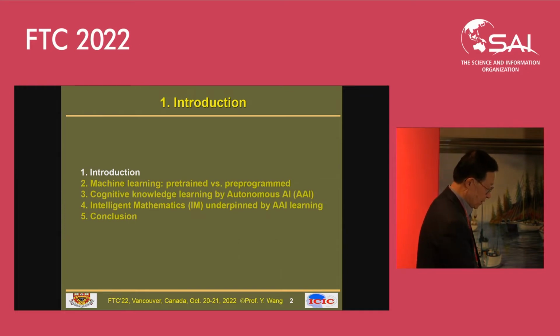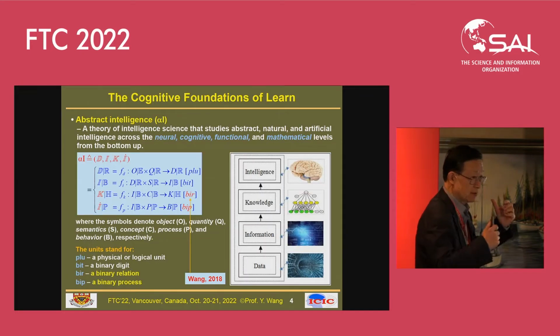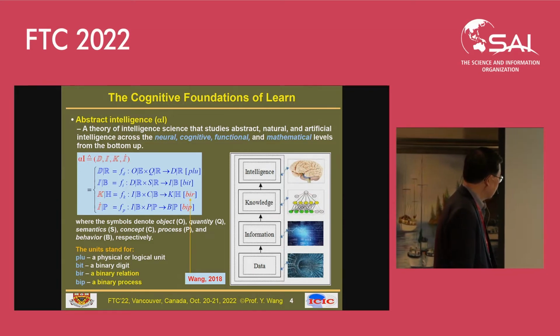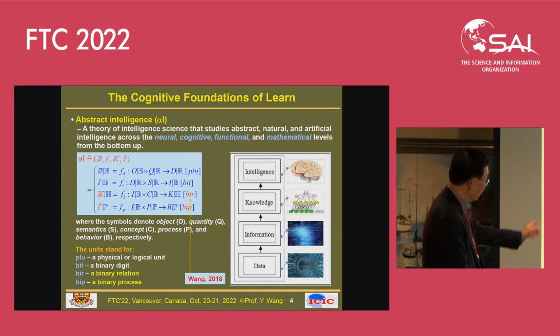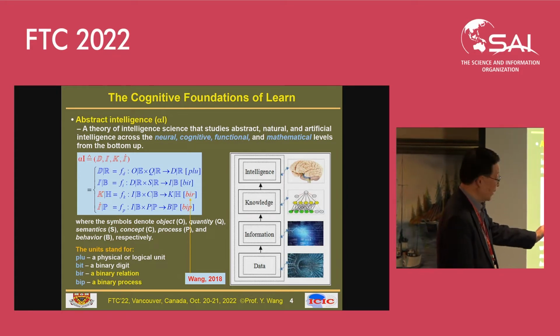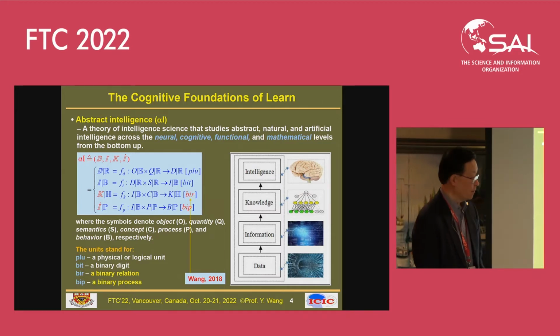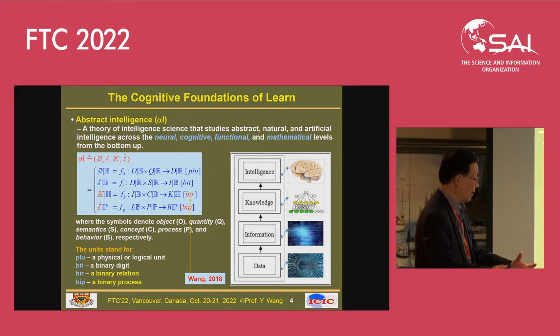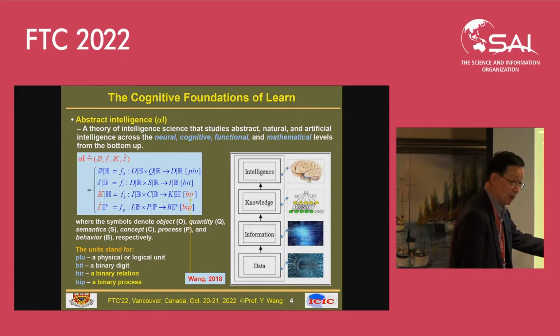Based on that, we have a picture of human reasoning and natural intelligence. We have 4 levels from the bottom up. In our brain, we have 4 kinds of entities: data, information, knowledge, and intelligence. Intelligence is not generated from thin air, directly from data.